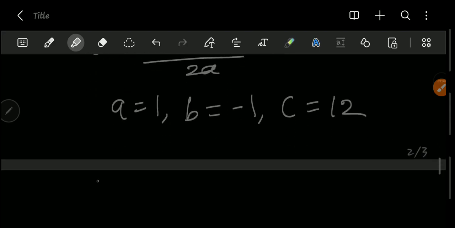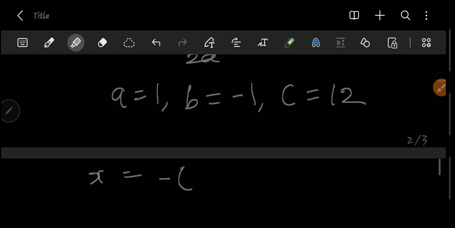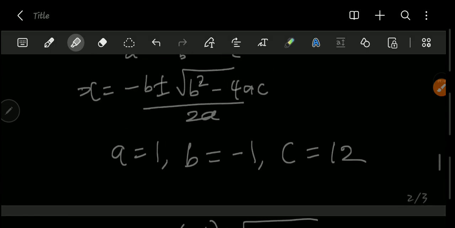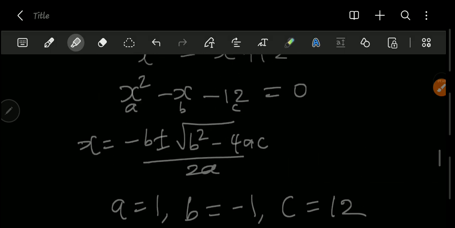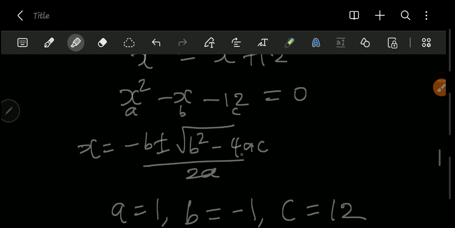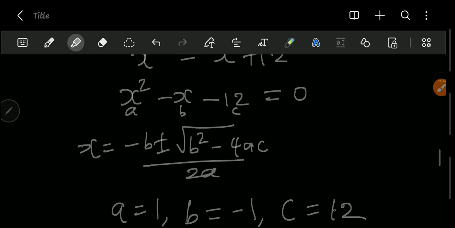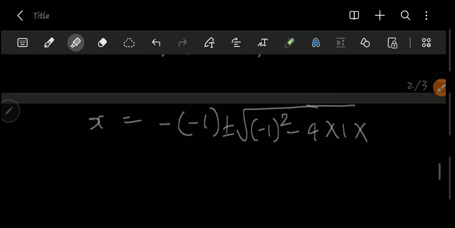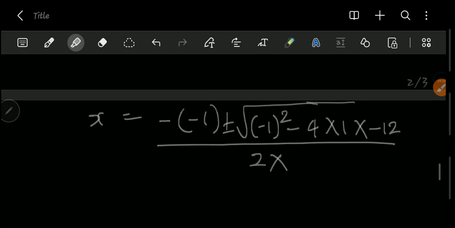So I have x equal to minus b, there's a minus outside, then my b is minus 1, then plus or minus the square root of b squared, which is minus 1 squared, then minus 4 times a, my a is 1, times my c, which is minus 12, and all of this is over 2 times a, and my a is 1, so it's 2 times 1, right?